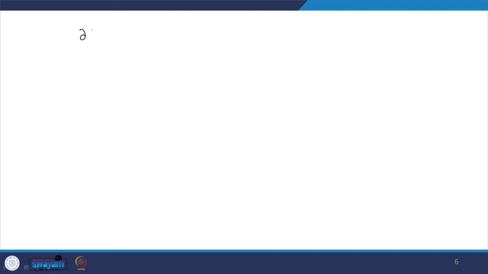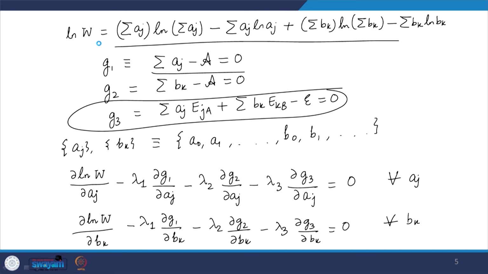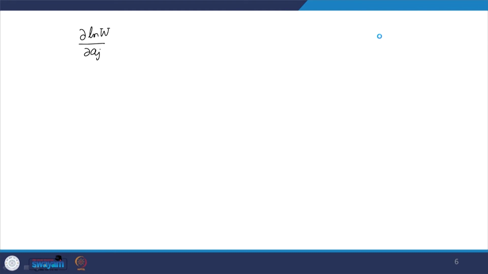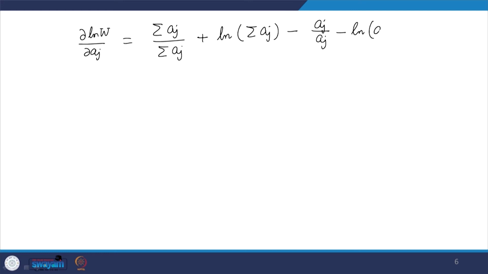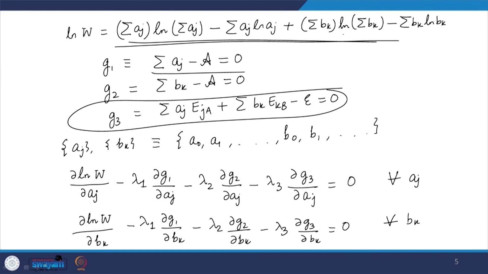So, now I can write the dou ln W by dou A j looking at the equation that we had here, that is equal to summation of A j over A j plus ln of summation of A j minus A j by A j minus of ln A j, and then we have terms containing B k in the equation, which will not have any derivative with respect to A j, and therefore, those terms will not appear.